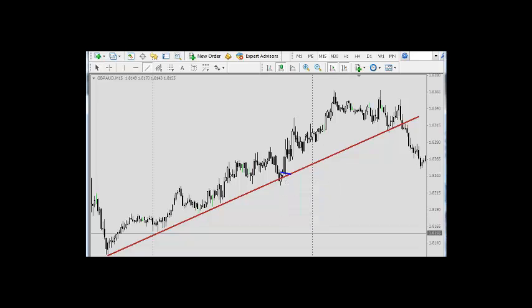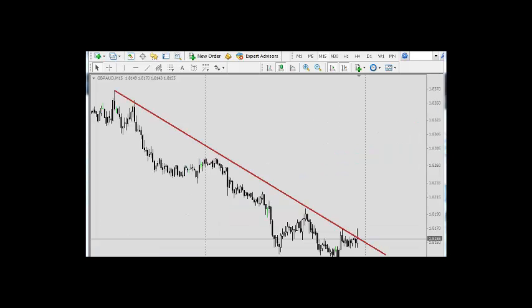This now serves as my entry, and my stop is below the candle. Risk reward ratio, looking at what happened after the entry.